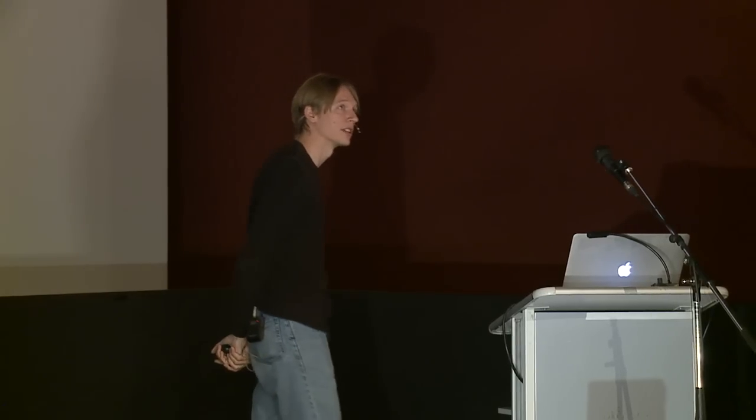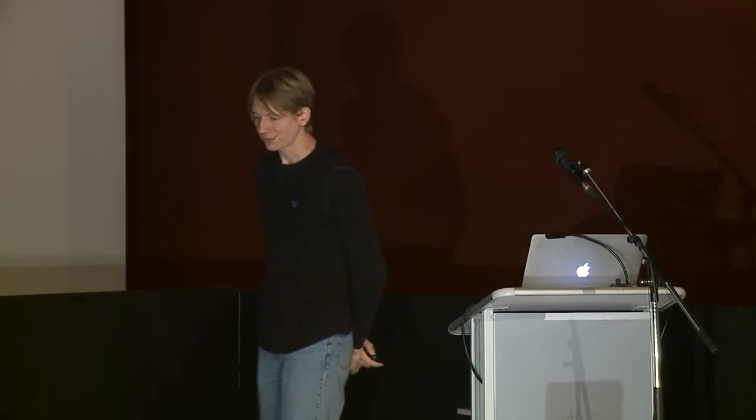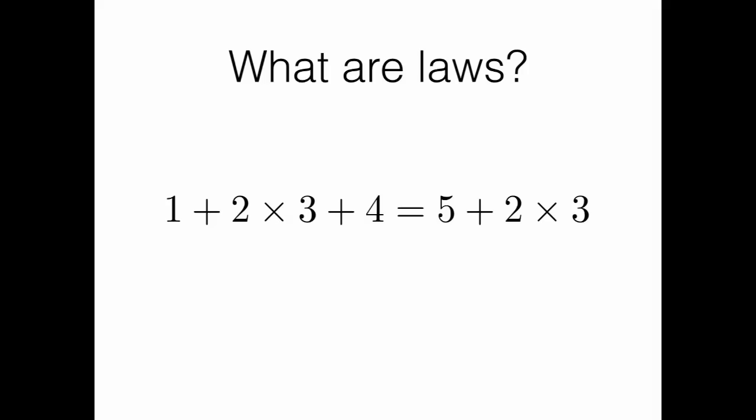What about laws? What do I mean when I talk about a law? Even though we're going to talk mostly about scalaz-stream, it's still important to keep this in mind. Laws certainly have nothing to do with any sort of legal system or moral reference. They are mathematical truths that we remain consistent with. So here's an example. We know that the expression on the left is equivalent to the expression on the right.